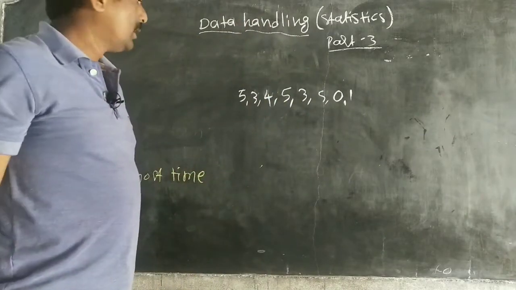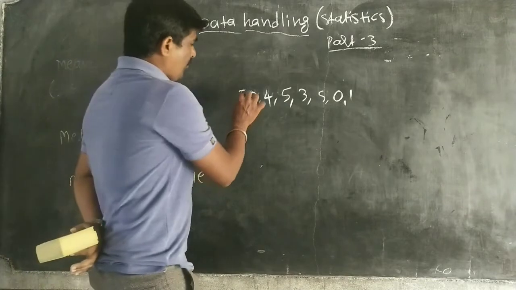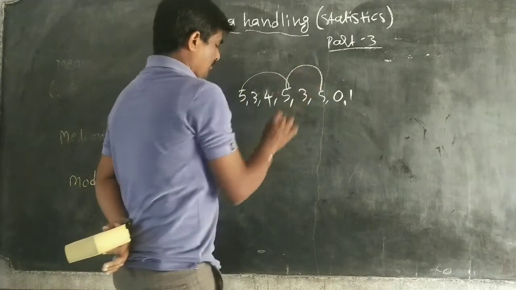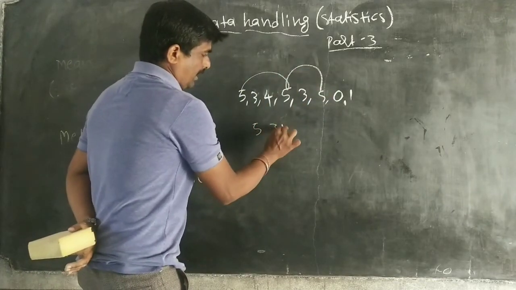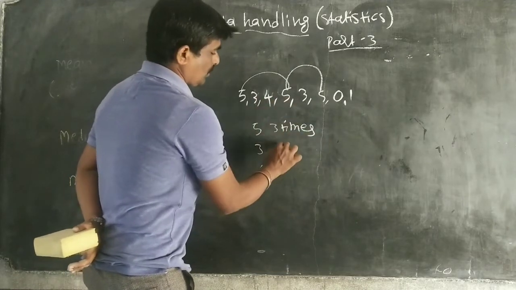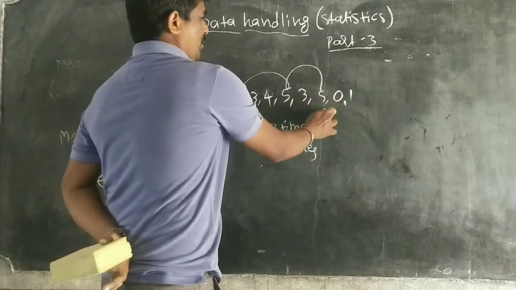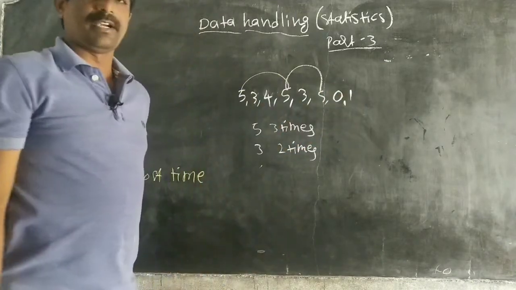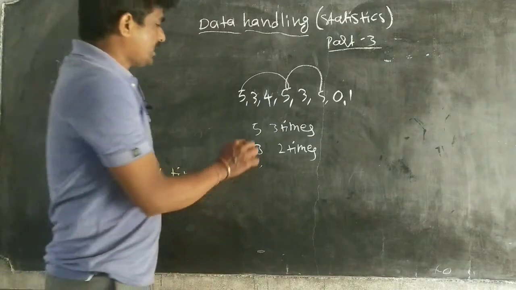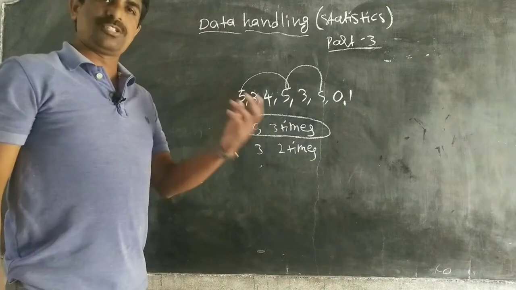Mode means most occurring term. Here 5 occurs 3 times. 3 occurs 2 times. 4 is 1 time, 0 is 1 time, 1 is also 1 time. So here 5 is the mode. Mode means the most occurring term.